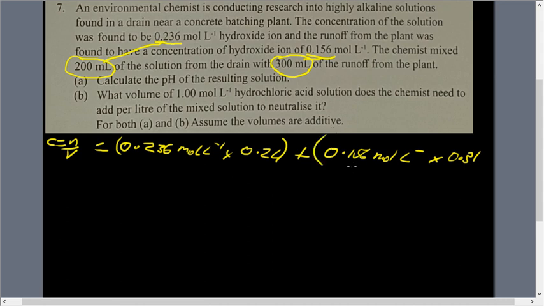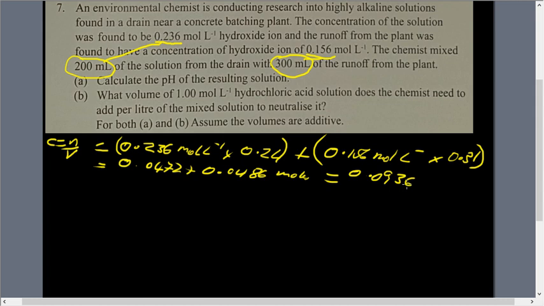If we add those two together, we're going to find that that is 0.0472, and to that we add 0.0486 moles. If we do that all together, we should come up with a value of 0.0936 moles.